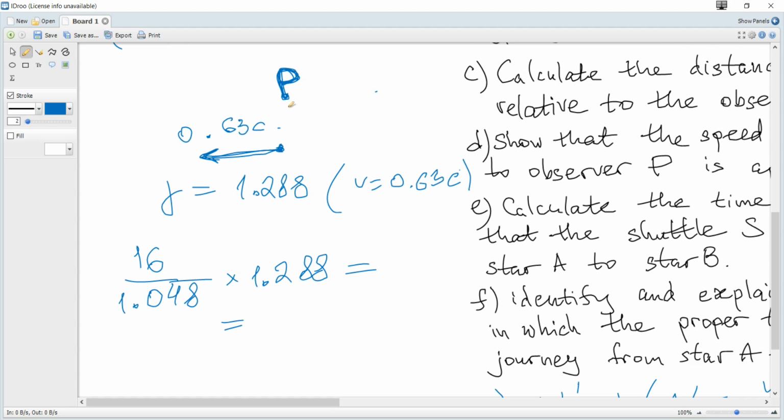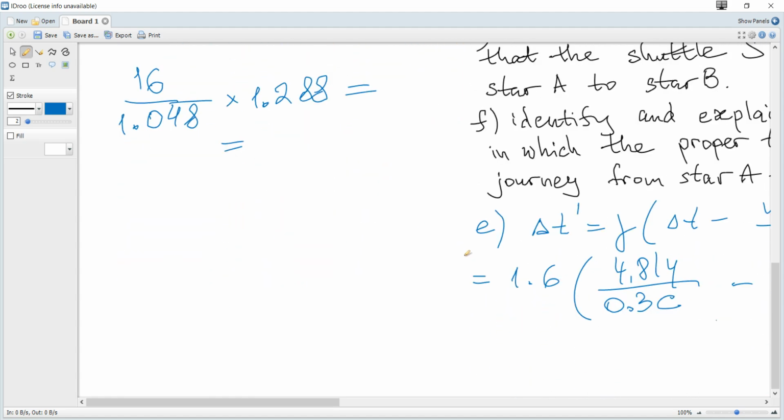here P is like a stationary reference frame, and this particle or this shuttle S is like a moving reference frame, and two events occur at the same place in the moving frame S. It's absolutely the same as a laboratory and a muon moving, something like that.